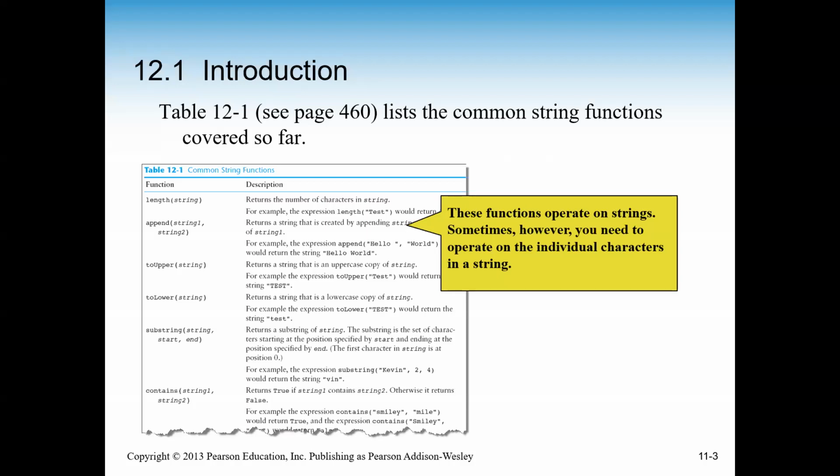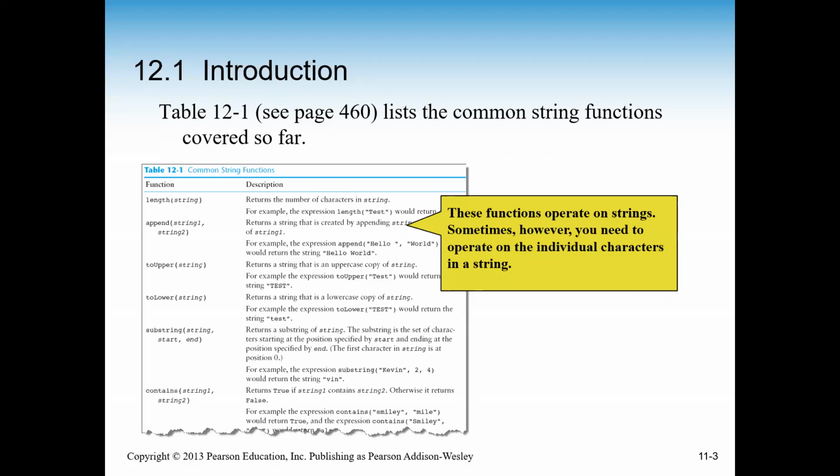These functions operate on strings, and there are a lot of functions for a lot of different goals, including processing strings. But sometimes you could also process things without the function, manually operating on the individual characters in a string.